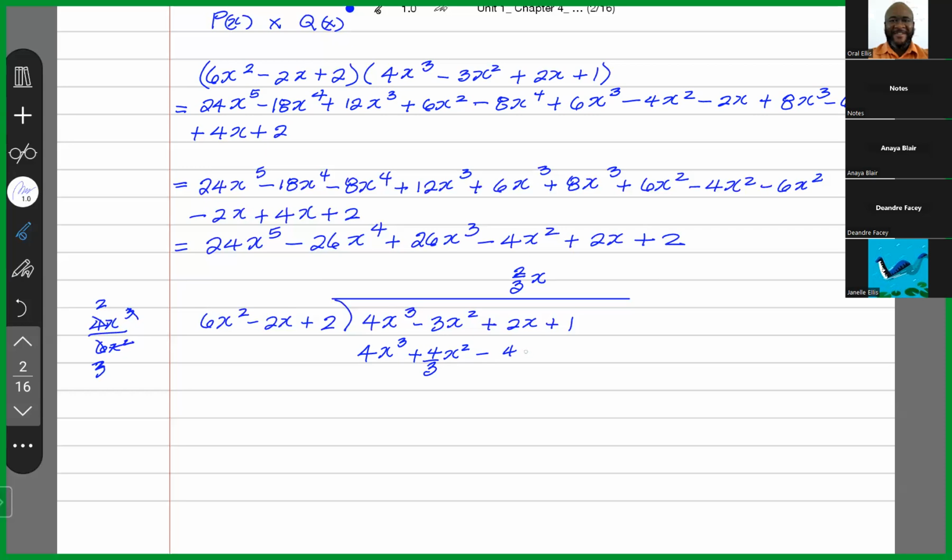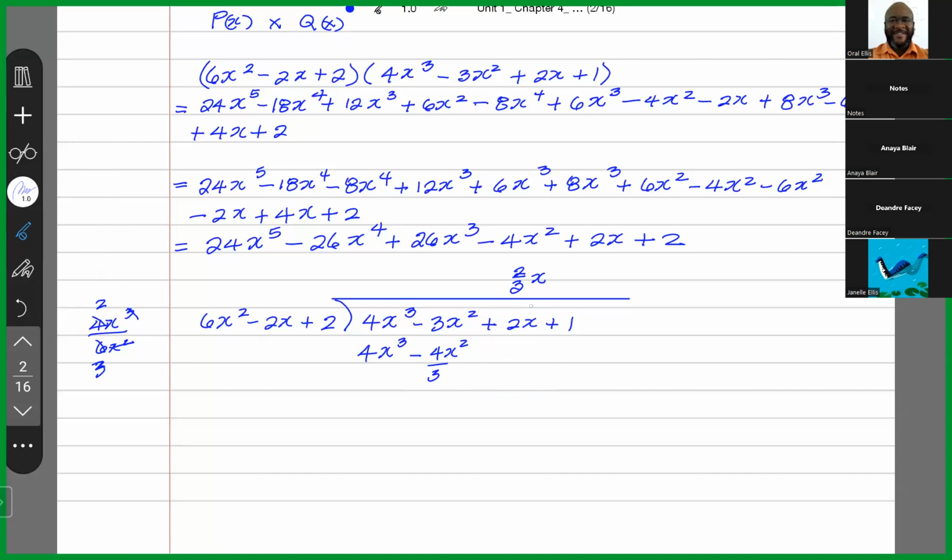This is that x times x squared. Good. Now 2/3 x times minus 2x, just checking if I made an error, is minus 4x squared over 3.